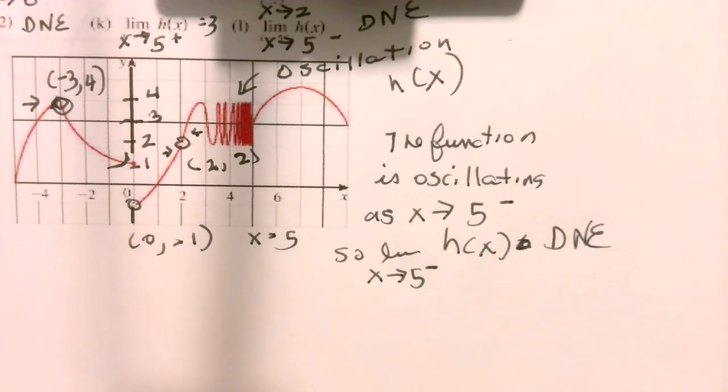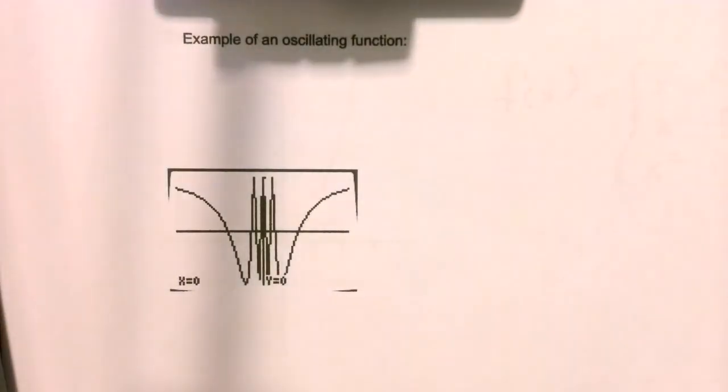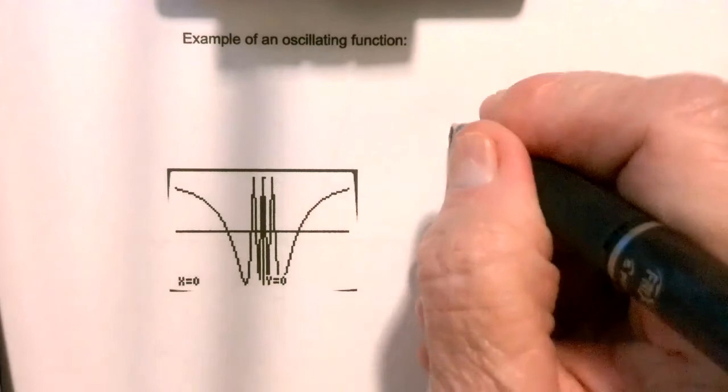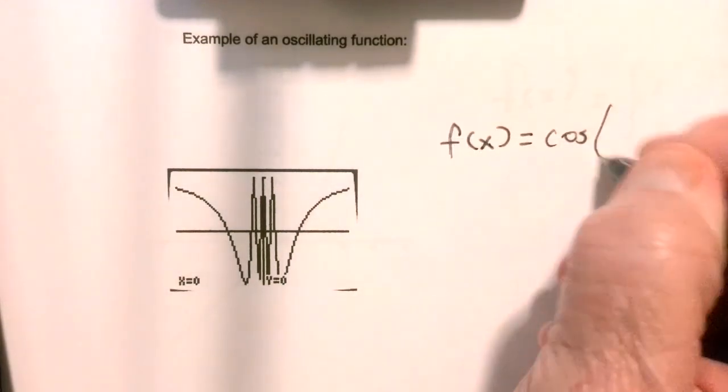Okay, let's look at another example. So this is an example of an oscillating function. It's f of x equal cosine of 1 over x.